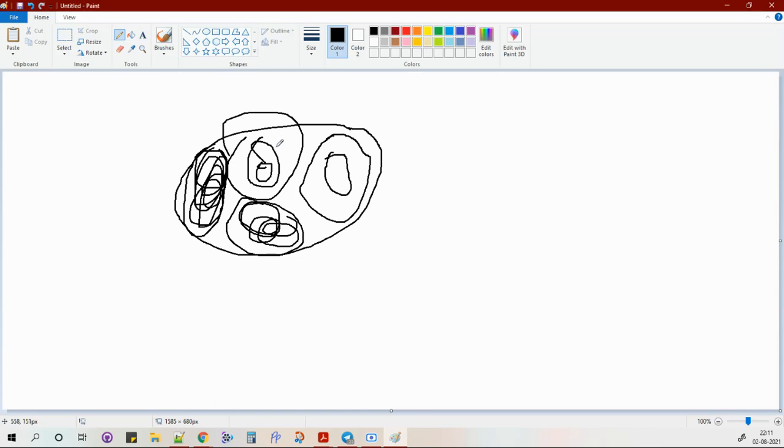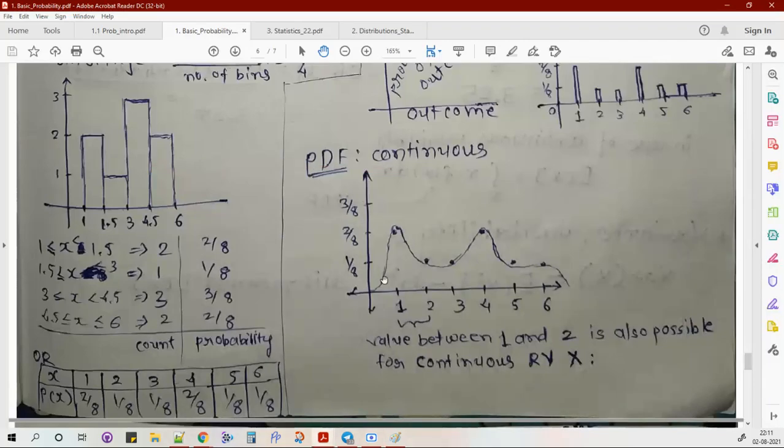So this is nothing but the distribution of density across different areas or values in case of a random variable. If you sum up all the density, then it's nothing but the total mass of this object. Similarly, in PDF, this is nothing but the density over all the area.